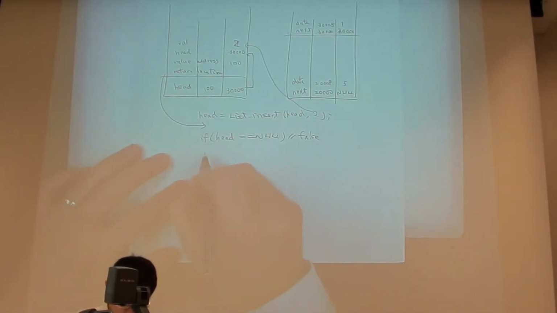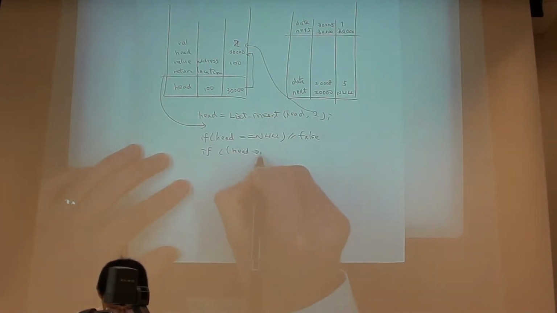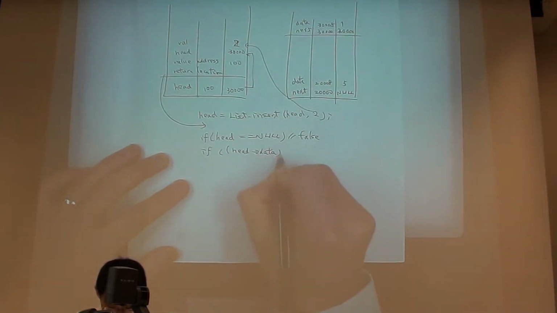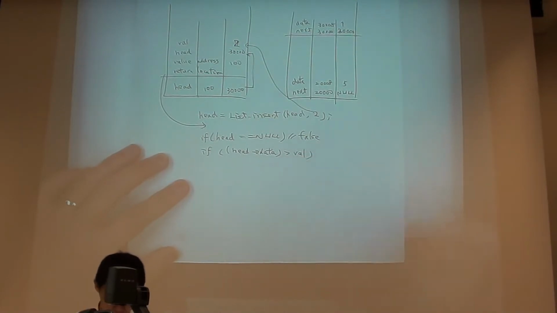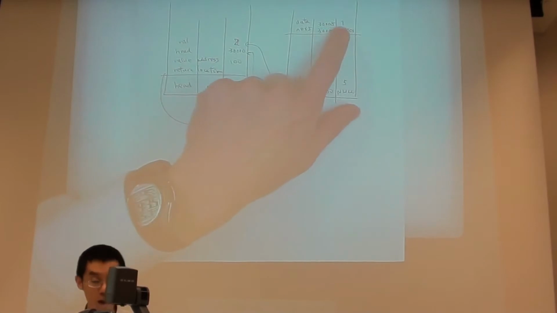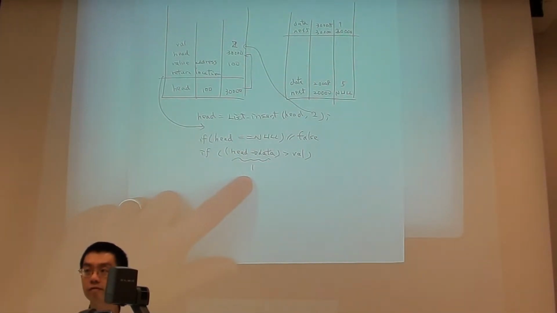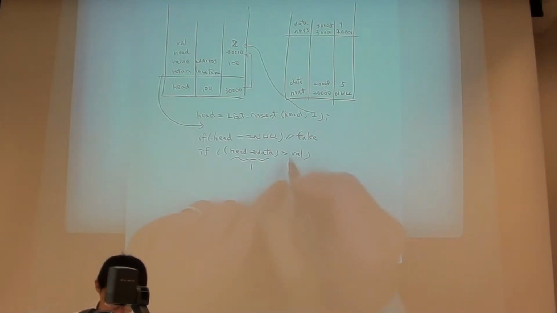The second condition is if head data is greater than val. Head is 30,000. Head data is 1. Therefore, this side is 1. Val is 2. So this is also false.